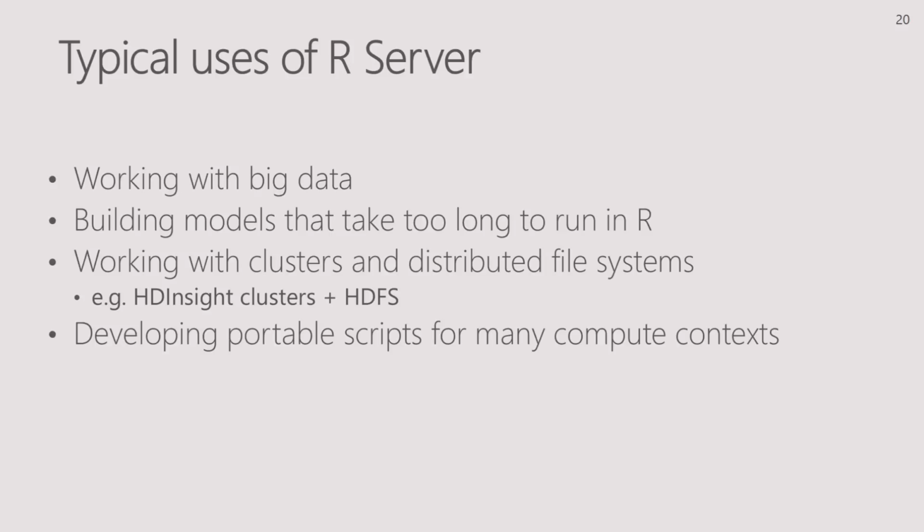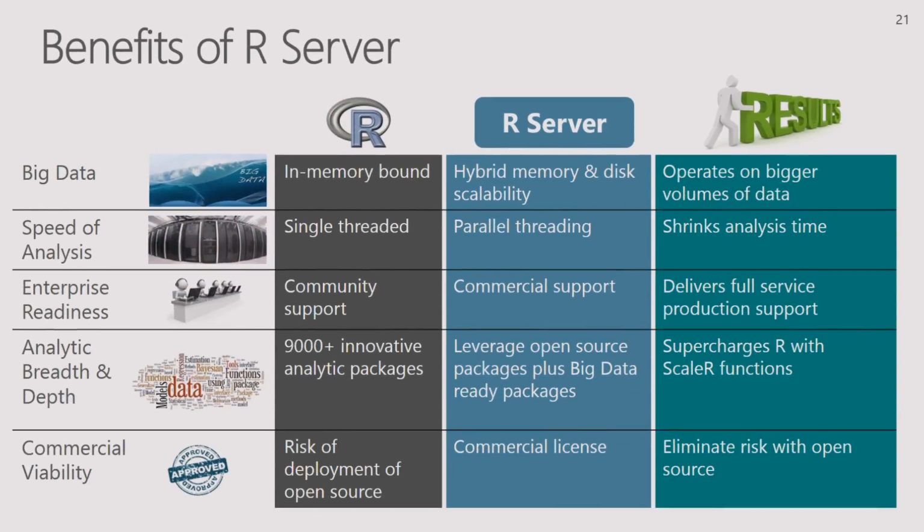And working with clusters and distributed file systems. And finally, developing portable scripts that you can use in many different compute contexts. So if your problem involves some of these, then I think you could consider using the R server and some of its benefits. Just to summarize this part of comparing open source R with the R server and where you might want to use it.